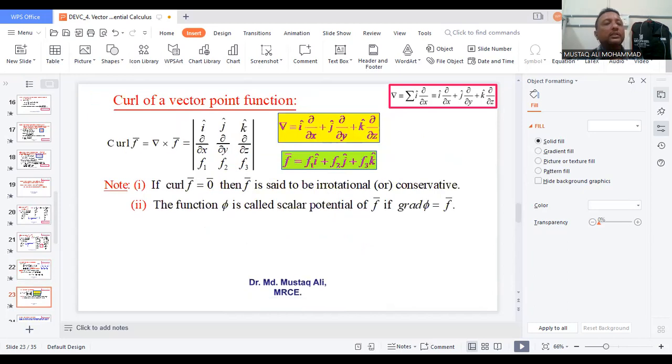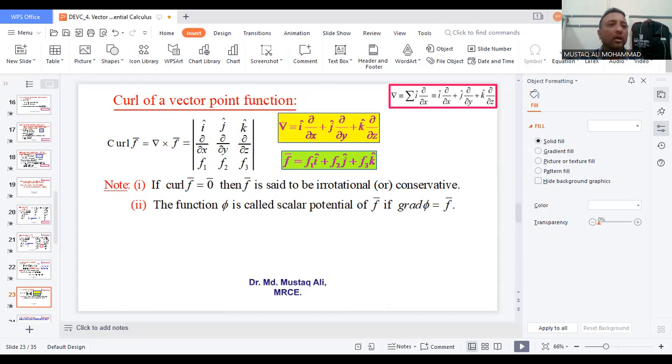Next operator, the same operator del, we are applying on the vector point function with the cross product in between them. That is called curl simply. If we apply the dot product in between them, del dot f bar, then it is called divergence.